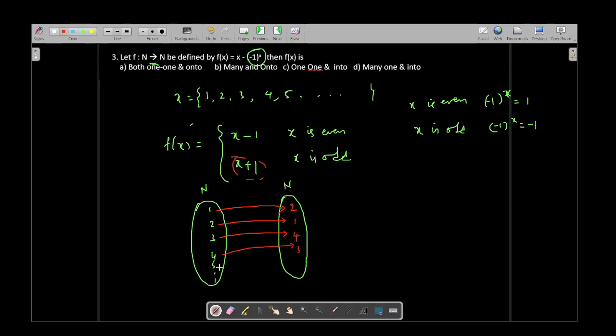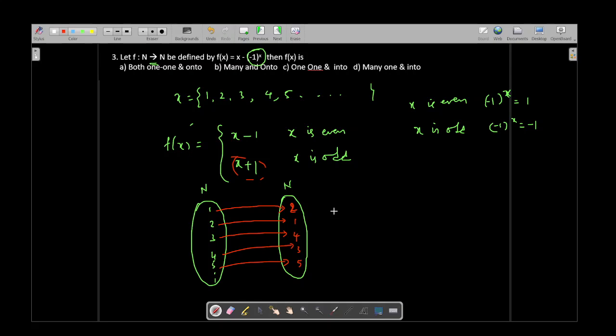So you can see every element is mapped to only one element, every odd number and every even number. The range here is actually the same natural numbers but in a different order. So it covers all the natural numbers.